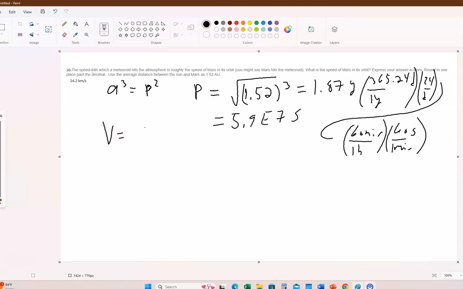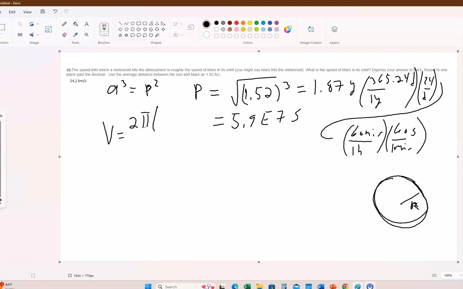But for anything moving in a circle, if you know the radius of the circle, the distance that it travels, which is called the circumference, is 2 pi times the radius. Now we don't have the radius, we have it in astronomical units, but we're going to want to change that.